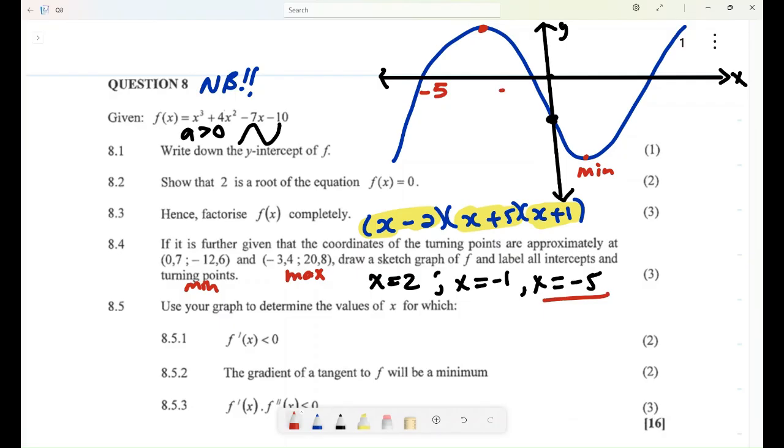Then somewhere here it is -1. Somewhere there it is 2. You agree with me? Yes. So now, and here I know it is -10. You do not need to draw this to scale. What's important is the shape and labeling the important points thereof. Do you see how easy I have sketched this?